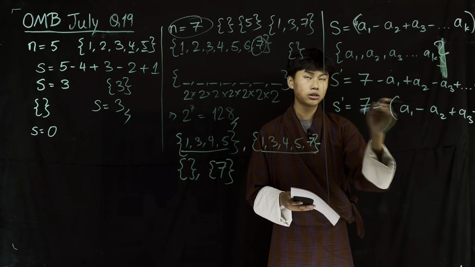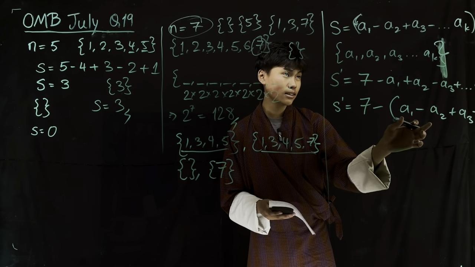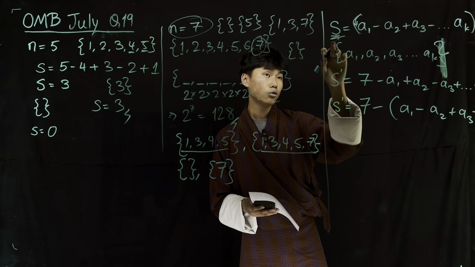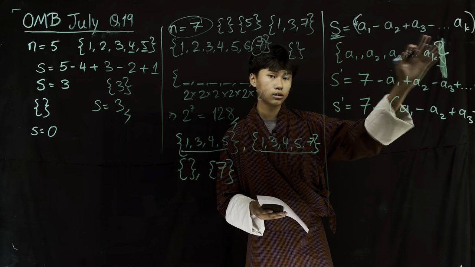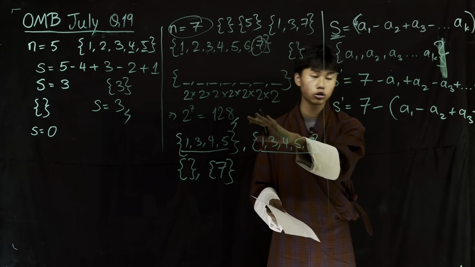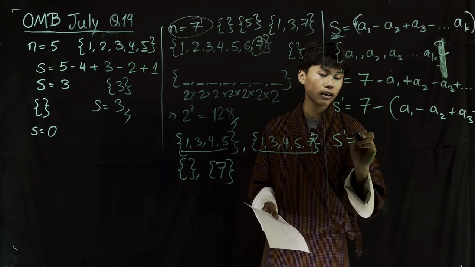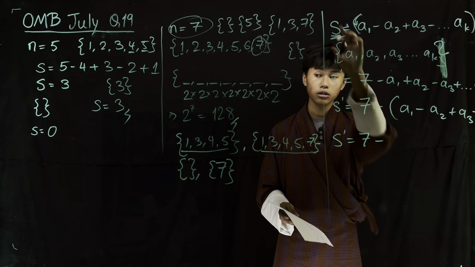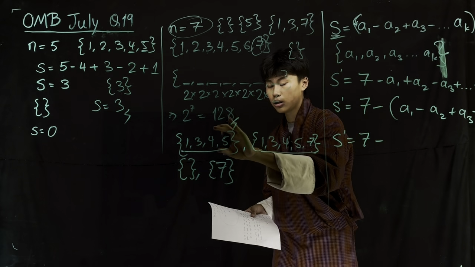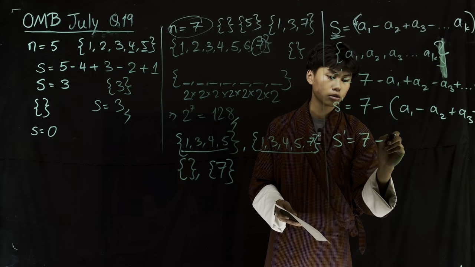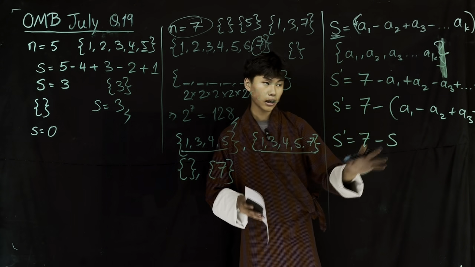Yes, this looks exactly like the formula we made for the alternating sum of the first subset that we have, which does not contain the element 7. So S dash looks something like 7 minus the alternating sum of its partner subset. So 7 minus S. I hope that makes sense.